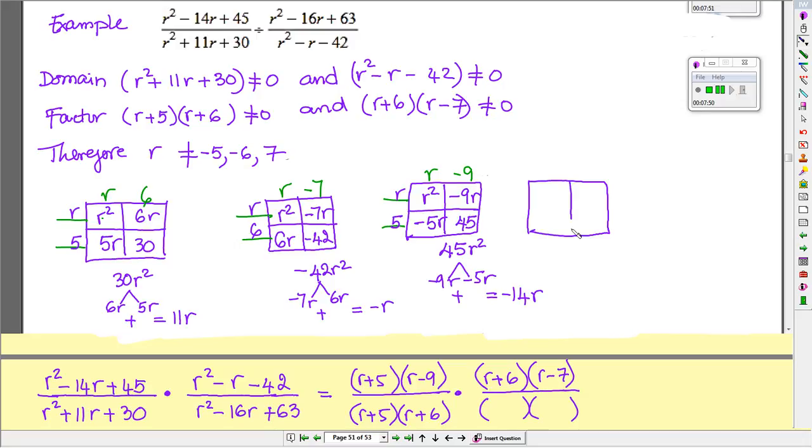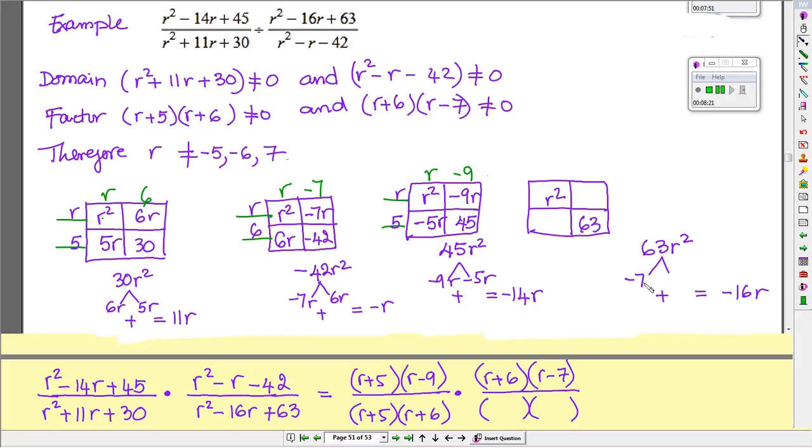In this case, I'm going to go ahead and get a square again. So we have r squared, and then we have 63. So I'll put them in the top left and the bottom right, and we will multiply, so that gives us 63r squared. When you try to find the factors, make sure that the sum of the factors adds up to negative 16r.